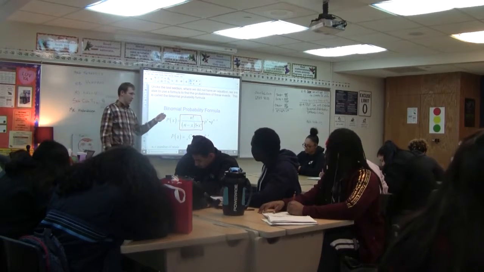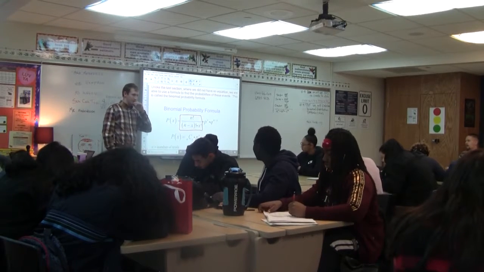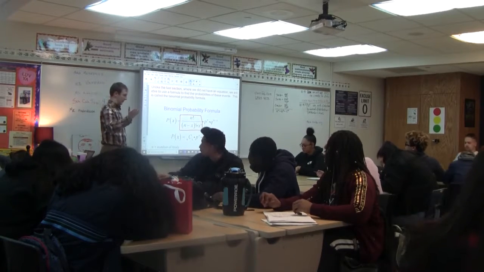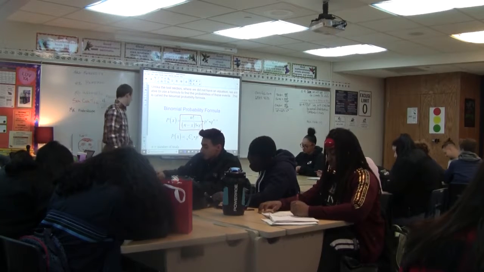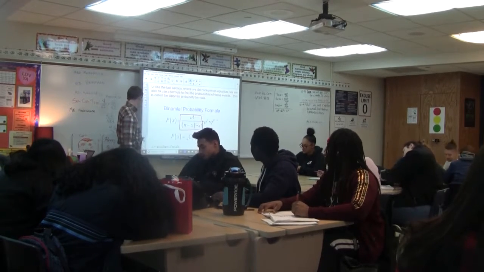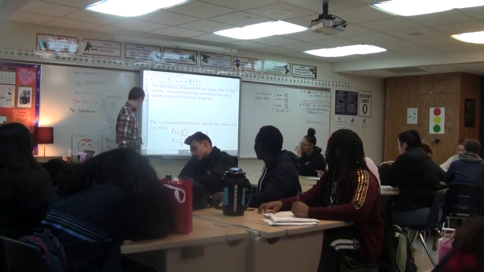What's x stand for again? How many times you're successful, right? Whatever successful is. So x is your number of successful outcomes. In the last one, we had 10 is n, and x is 5.